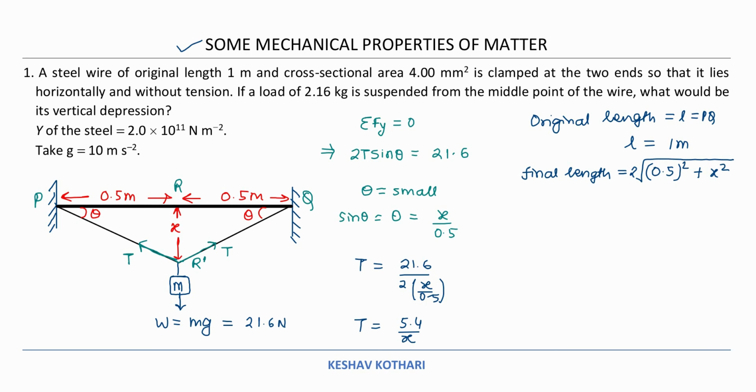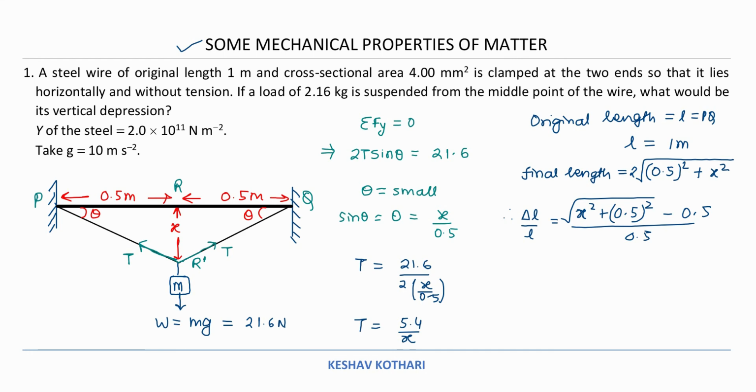Therefore, if I calculate the change in length by original length, it can be written as the square root of x squared plus 0.5 squared, minus 0.5, by 0.5. What I have done over here is write it for one half of the triangle, that is I am only considering PR dash, since we have taken 2 common from both numerator and denominator.